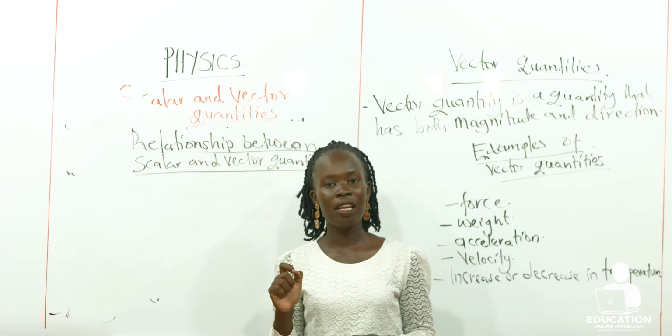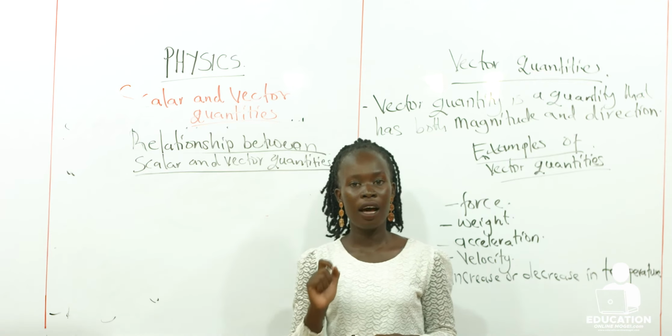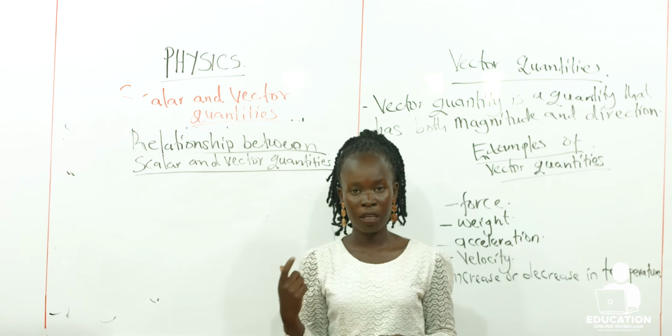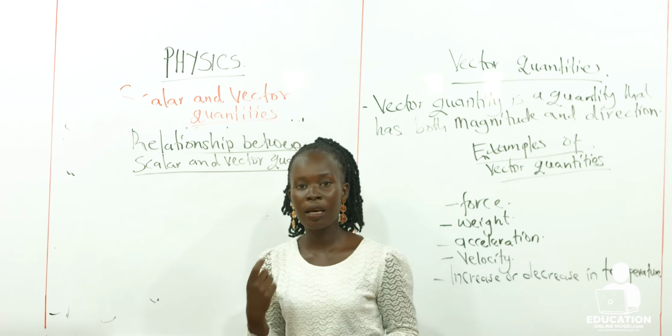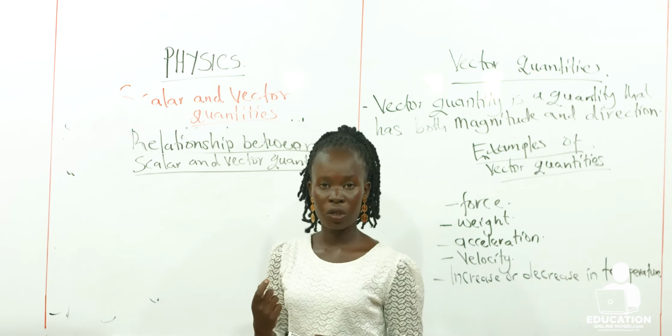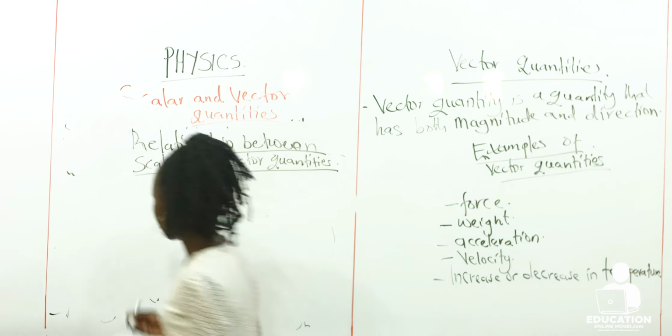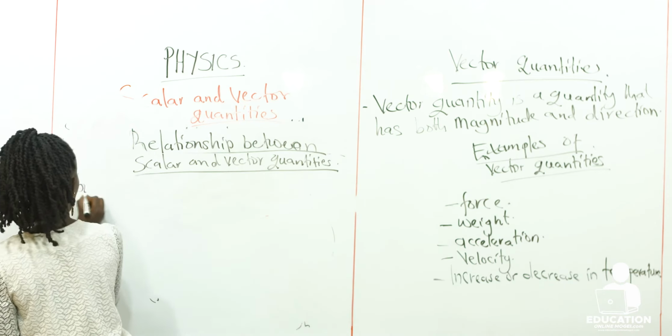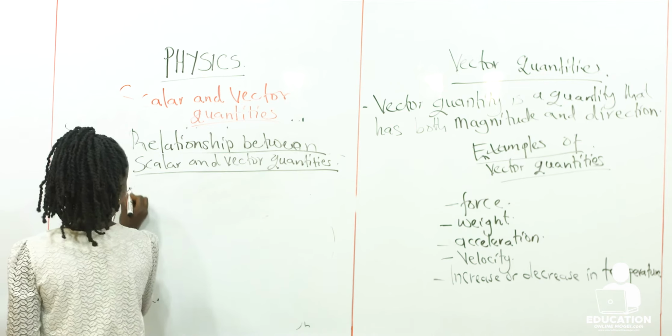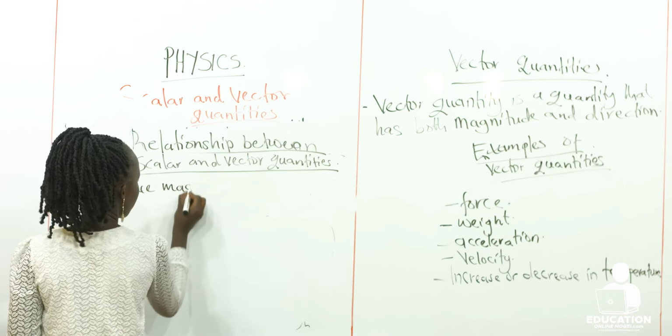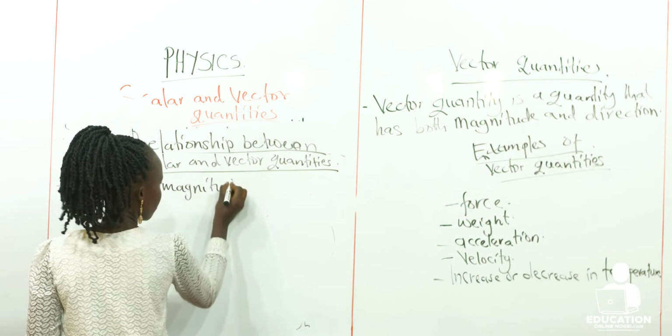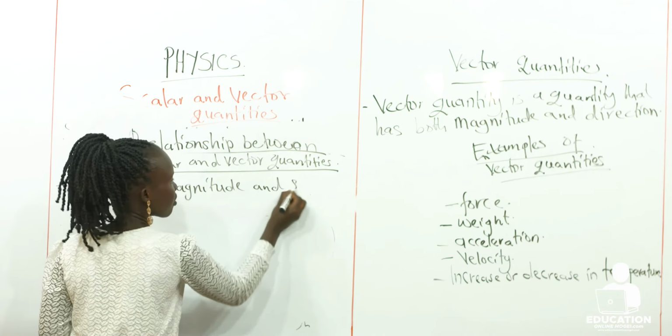That means that the similarity between a scalar and a vector quantity comes from the definition, meaning that they both have magnitude, or size.